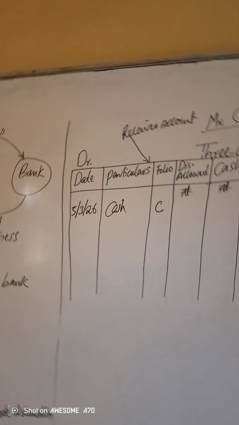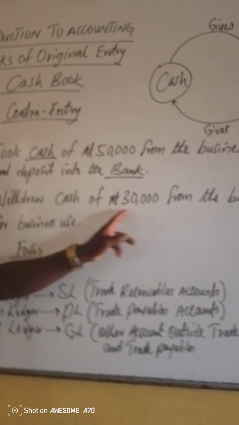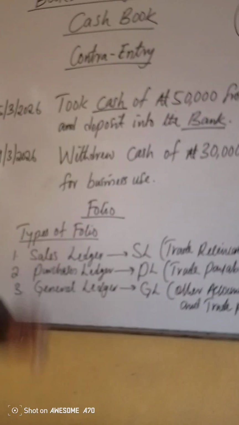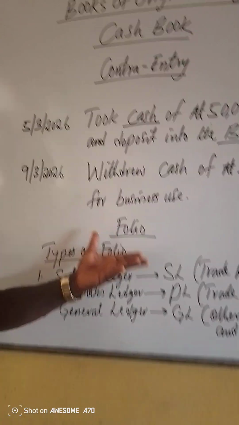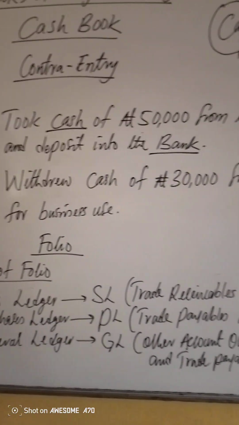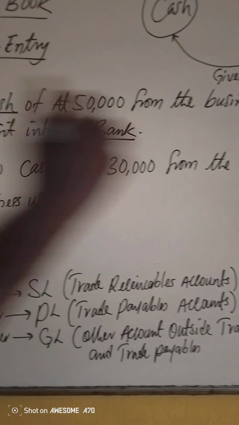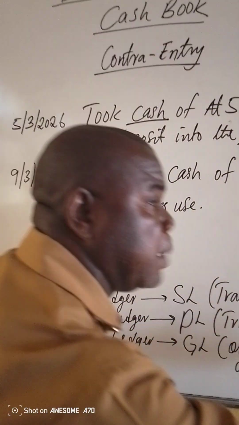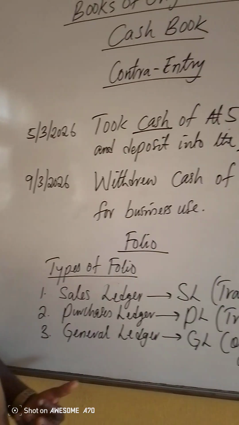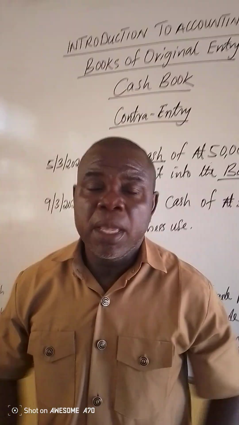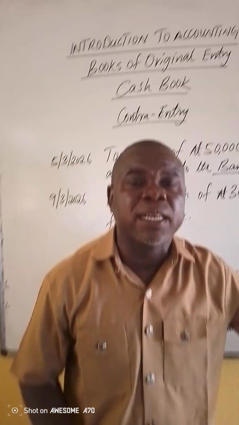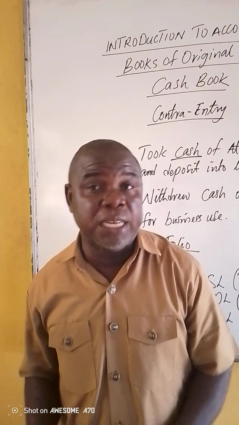That's the first one. The second one: here we now say we drew cash of 30,000 from the bank for business use. Here we are saying that we also identify the giver and the receiver. Here it is not cash that is giving, rather bank is giving, because the business is withdrawing money from the bank for business use. I want to emphasize, if money is taken from the bank for business use, it's a contra entry.